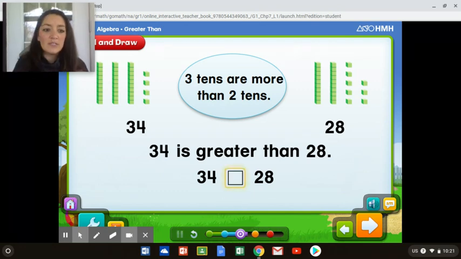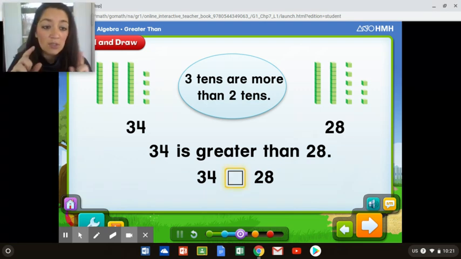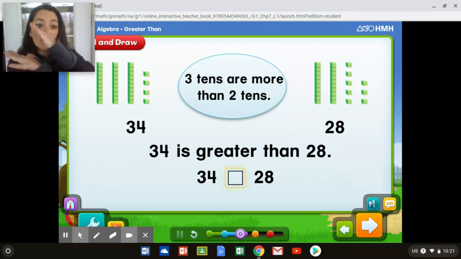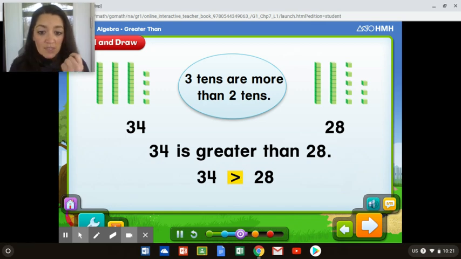It's going to open towards the 34 because the 34 is bigger. So you would read it as 34 is greater than 28. You can see how it's opening towards the 34.